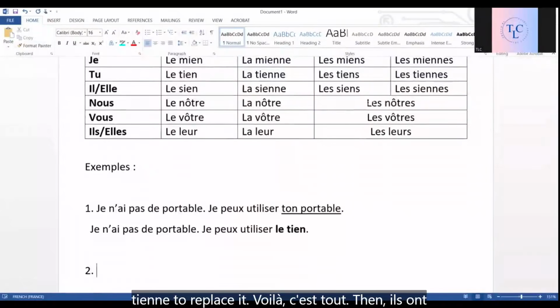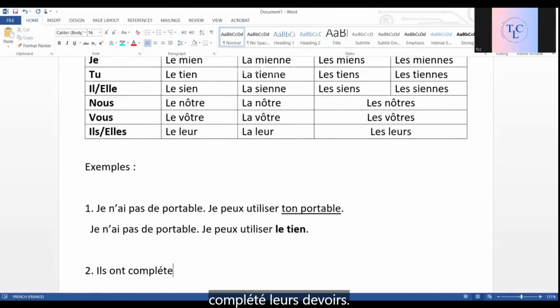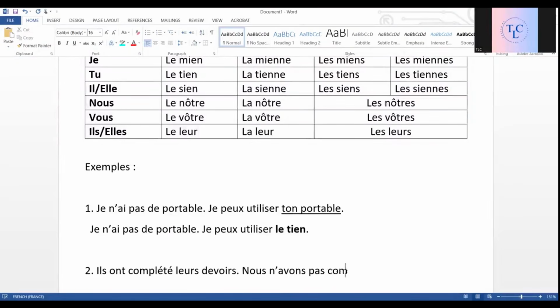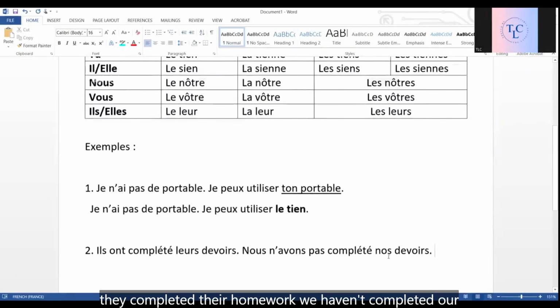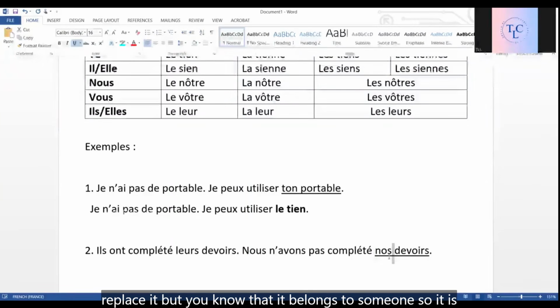Voilà, c'est tout. Then, ils ont complété leur devoir. Nous n'avons pas complété nos devoirs. They completed their homework. We haven't completed our homework. So again, here's a repetition. So we'll have to replace it. But you know that it belongs to someone.